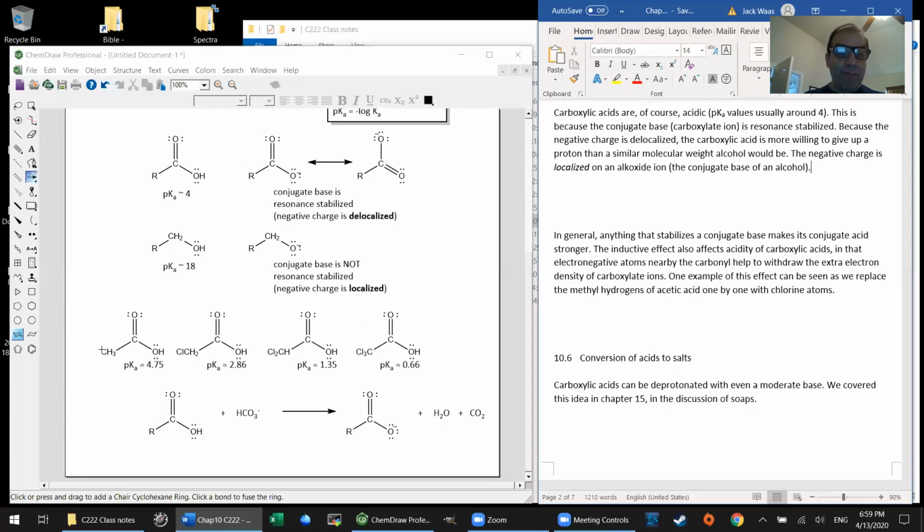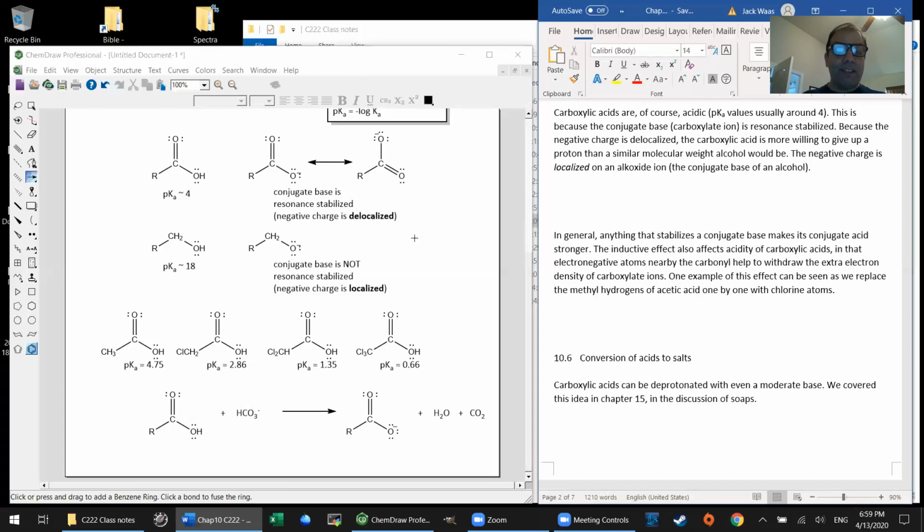But as we replace hydrogen atoms with electronegative chlorine atoms, remember what it means for an atom to be electronegative. It's sucking electron density in bonds toward itself. And so the more chlorines we load up here, the more electron density those chlorine atoms can pull toward themselves away from the oxygen with the minus charge, which is the respective conjugate base of all of these species.